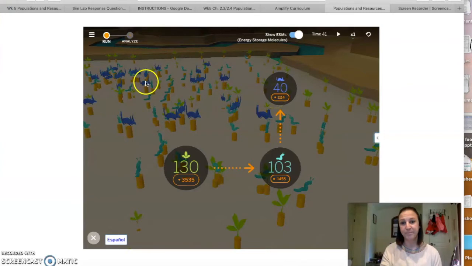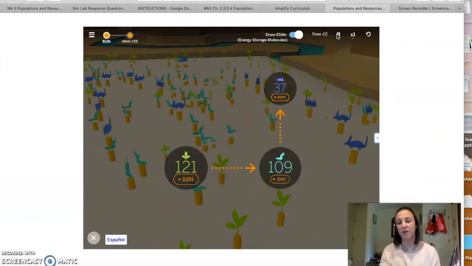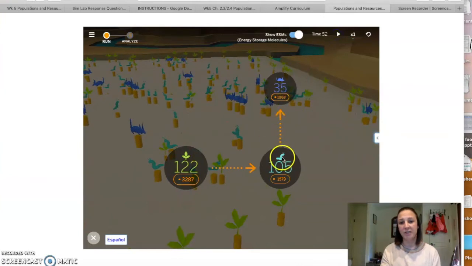Yes? Okay. So another feature here, this is where you start and stop the simulation, and you can watch the food web over time and see how the energy is changing, right? The energy levels are changing. The other thing you can do is slow down or speed up the sim.